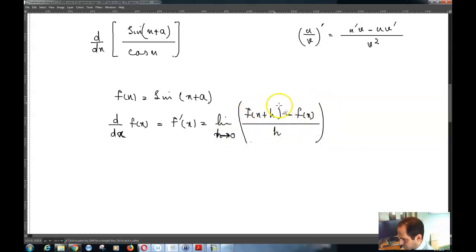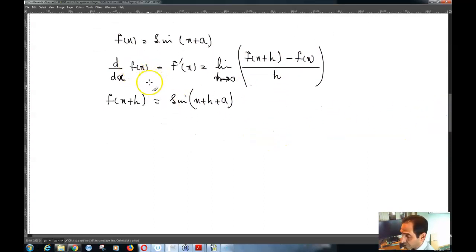If you calculate f of x plus h here, you will get sine of x plus h plus a, and that's it. And f of x you already have, so you don't have to worry about anything here.